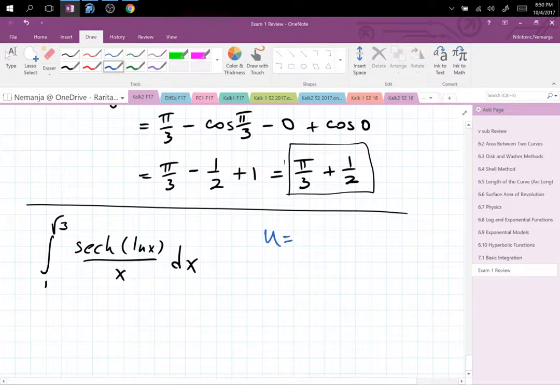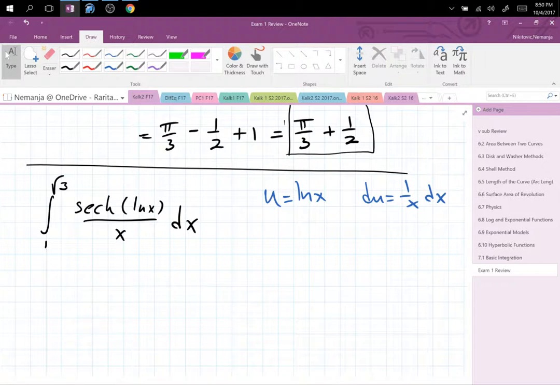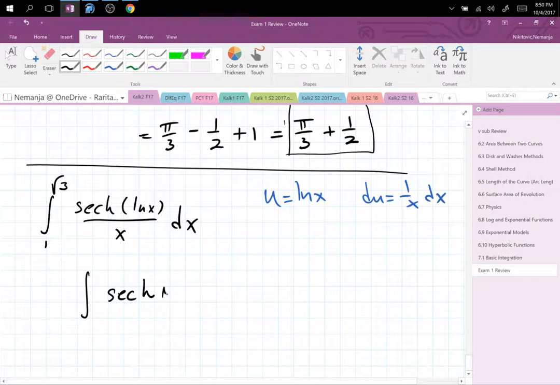So u equals, very good, du equals, great. So the question converts into secant hyperbolic u du. When I plug in 1, it turns into a 0. When I plug in root 3, it becomes ln root 3.